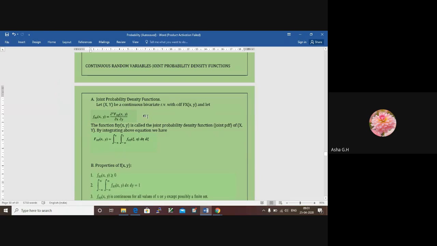This is exactly the same as our single random variable case. When we want to find the probability density function from the cumulative distribution function, we differentiate. When we want to find the cumulative distribution function capital F from small f, we integrate.